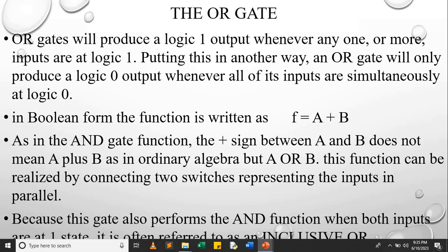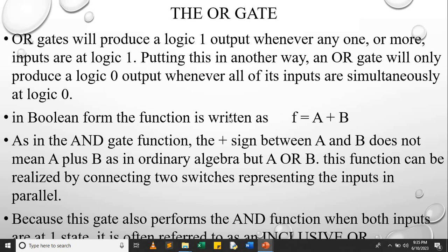So for the OR gate, it will be true as long as one of those inputs is true. It is symbolized by a plus.